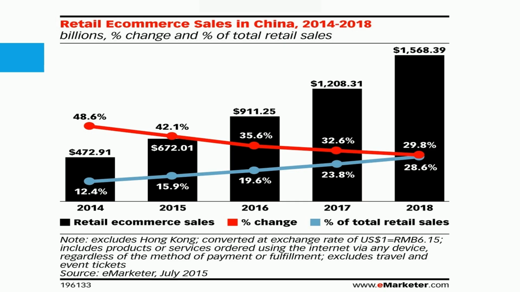It shows the growth of retail e-commerce sales. The red line represents the growth of the retail e-commerce sales, while the blue line represents the growth of total retail sales.